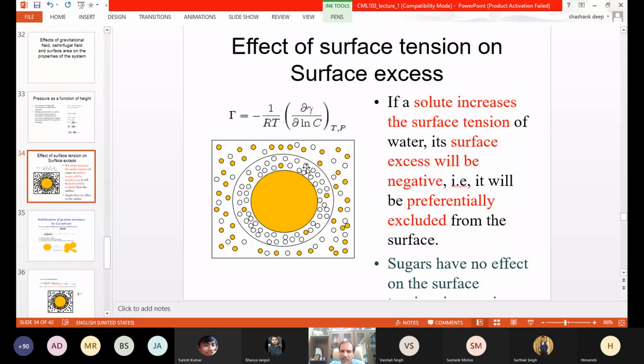So this kind of thing you can even understand. What I mean by surface excess is, you can see here that near the surface, this added substance is in smaller number than in the bulk, and that is known as surface excess. In this case, particularly, this is negative. What that means is that this solute will be preferentially excluded.